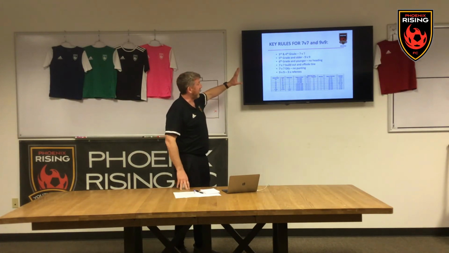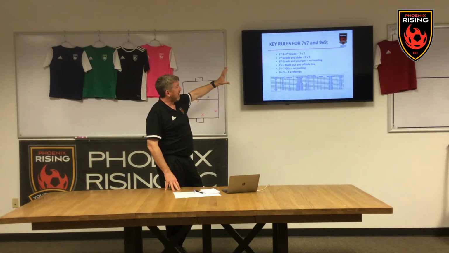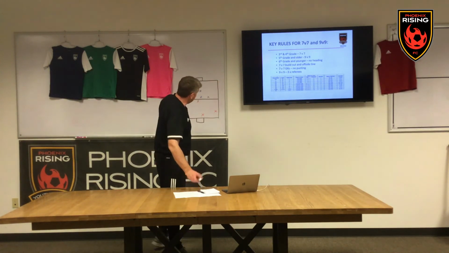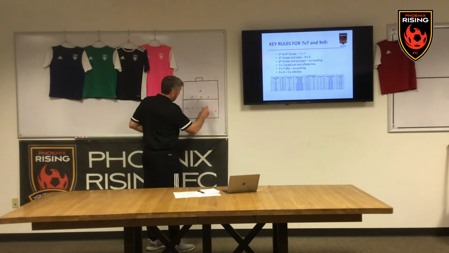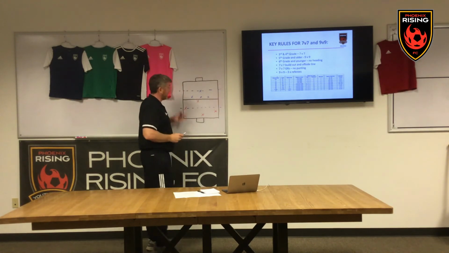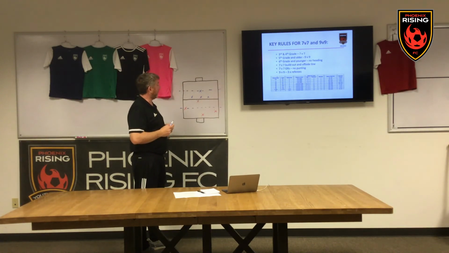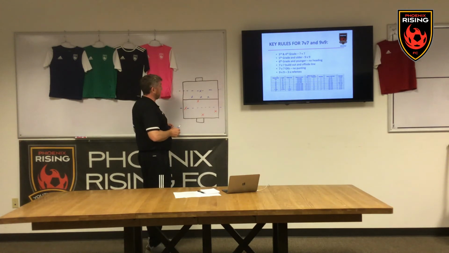For 7v7 games, they have a build-out line, which is also the offside line. So effectively, the build-out line would be a dotted line across that part of the field, and those are the offside lines for both teams. And what that also means is if the team defending this goal has a goal kick, the other team must retreat behind the build-out line.